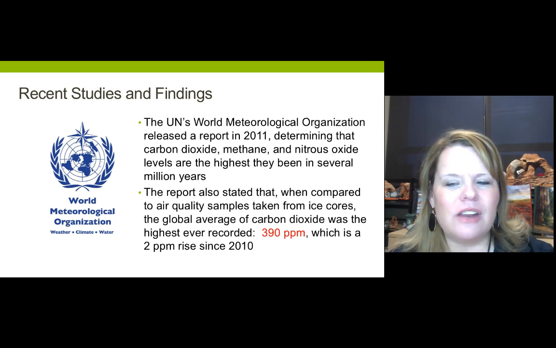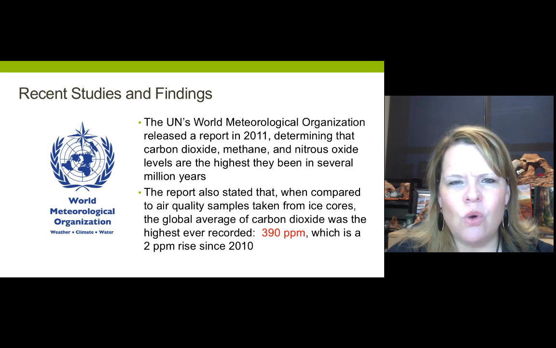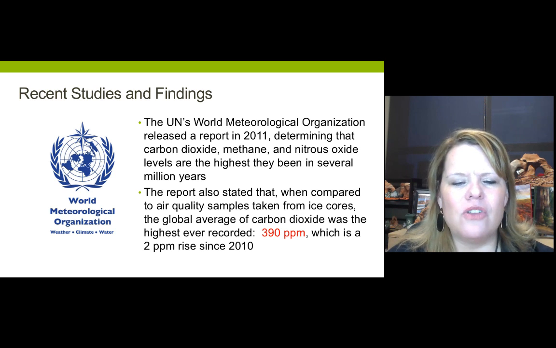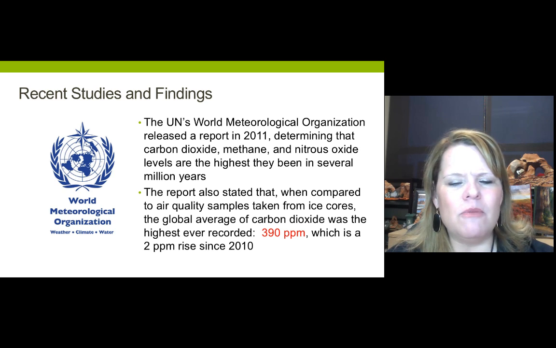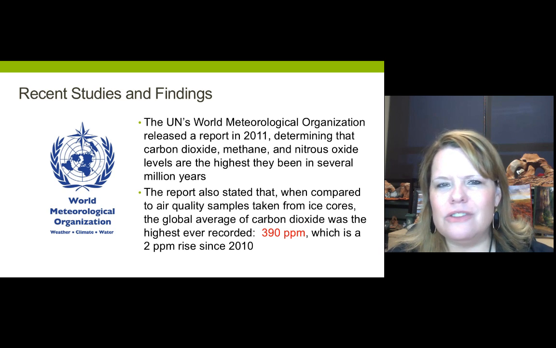This report also stated that when compared to air quality samples taken from ice cores, the average global carbon dioxide was the highest ever recorded, currently resting at 390 parts per million by volume, which is a 2 ppm rise since 2010. So I want you to understand, we have been rising substantially.